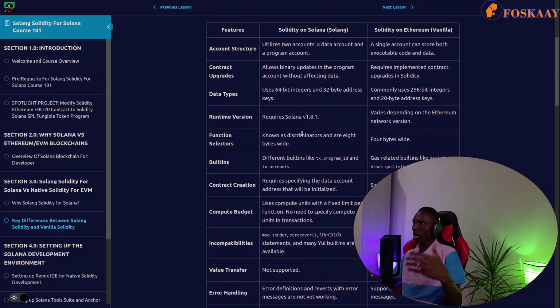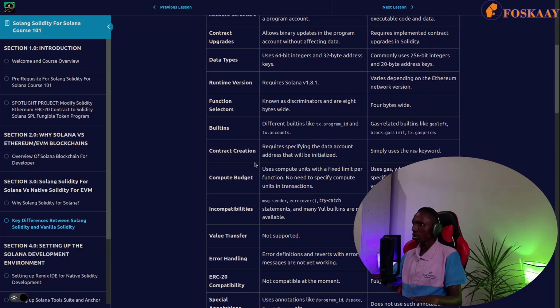So that when you are developing using Solang Solidity, you will know what to substitute for what, especially when you are trying to modify an existing Ethereum native or vanilla Solidity into Solang Solidity.